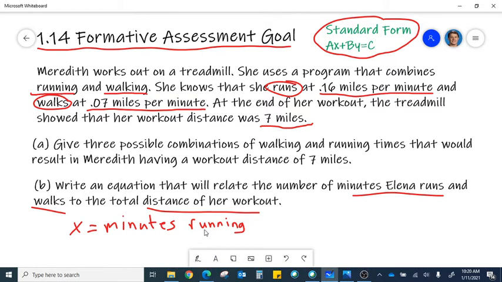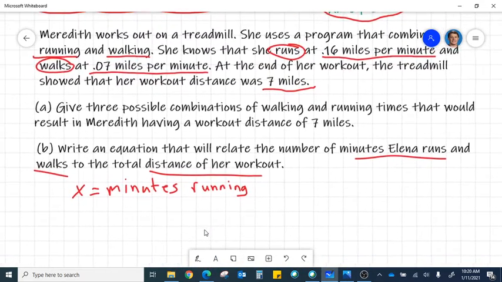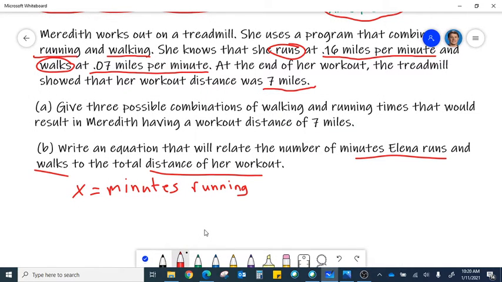Okay. And we're going to say y is going to equal the minutes walking. Okay? All right, so we have minutes for each of them.